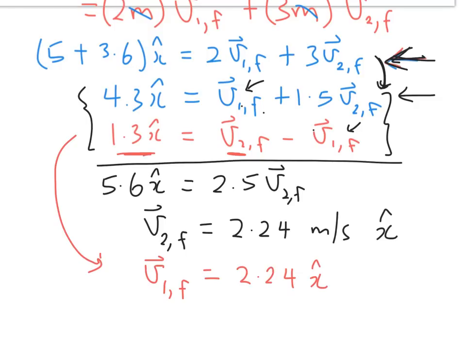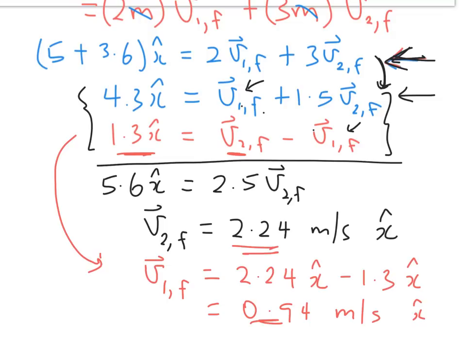And then this term, I move to the right-hand side, it is minus 1.3 x-hat. So now you can see I can work out what v sub 1f is, and it turns out it is 0.94, and 0.94 is really meters per second in the x-hat direction. So after the collision, both cards move to the right. The second card moved with a higher velocity than the first card.